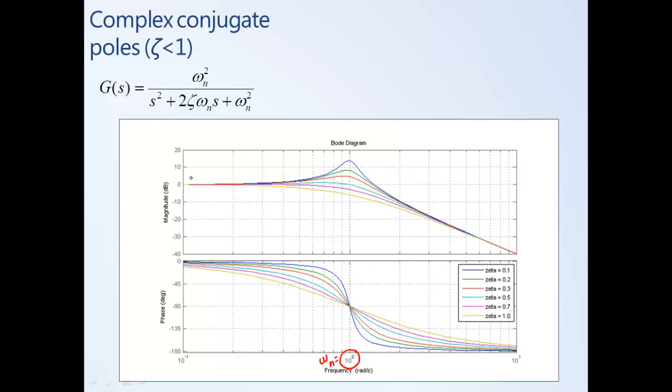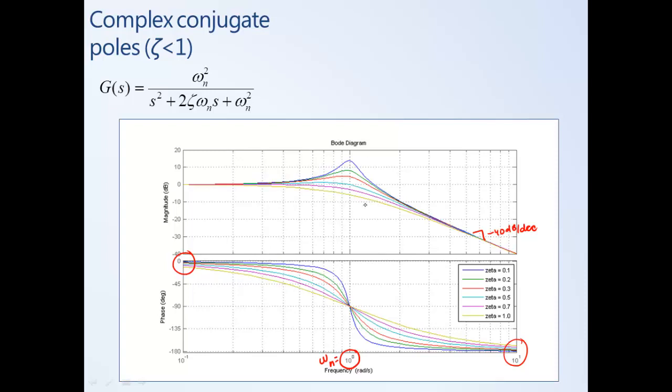At low frequencies, our magnitude plot is flat. At high frequencies, our magnitude plot has a slope of minus 40 dBs per decade, where each pole contributes minus 20 dBs per decade. And with the phase, at low frequencies we have a phase of 0 degrees, and at high frequencies we have a phase approaching minus 180 degrees, where each pole contributes minus 90 degrees of phase.